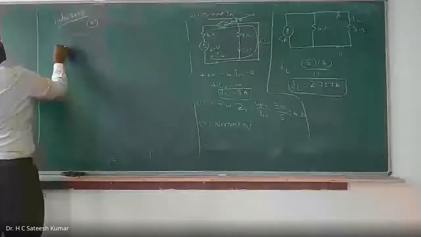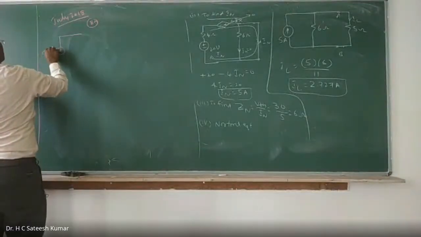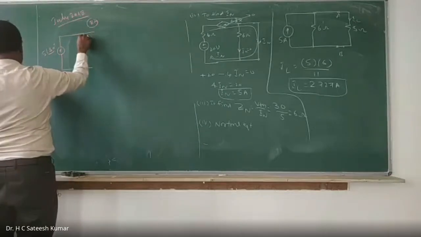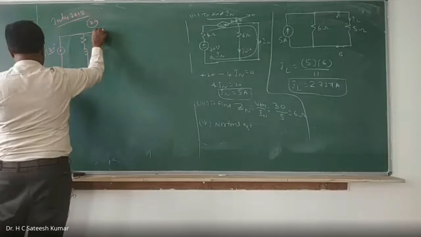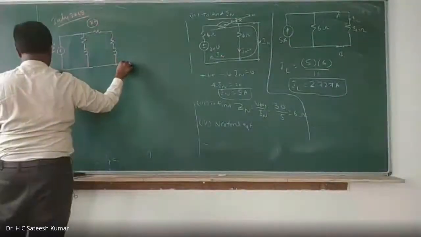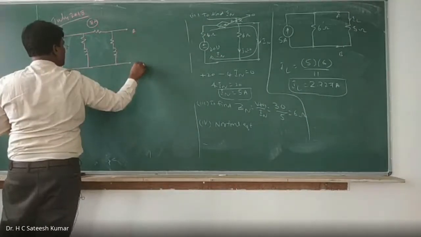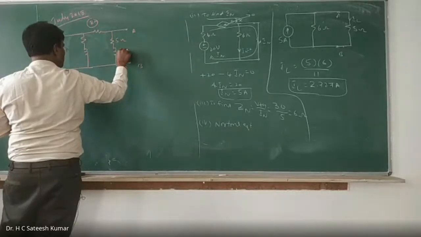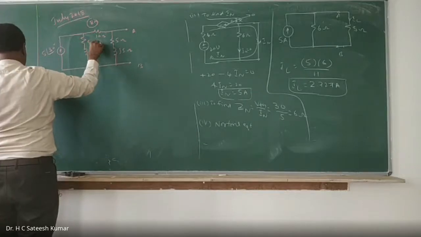A current source of 5 at an angle of 30 degrees, terminals A and B, with 5 ohms, j5 ohms, 10 ohms, 5 ohms, 5j.